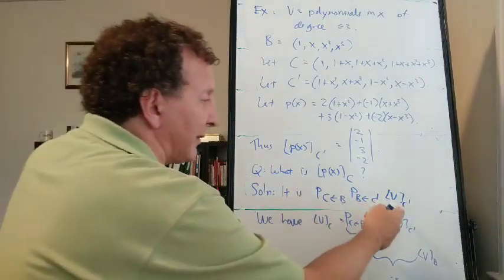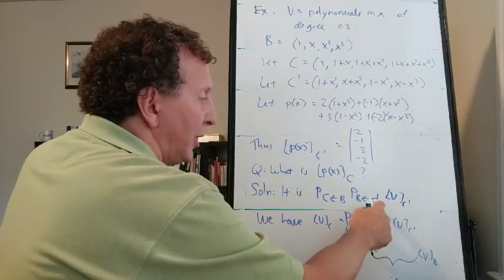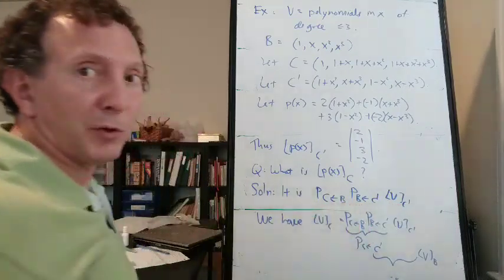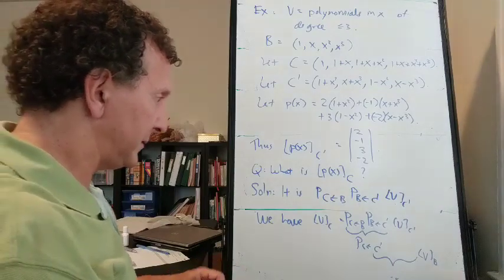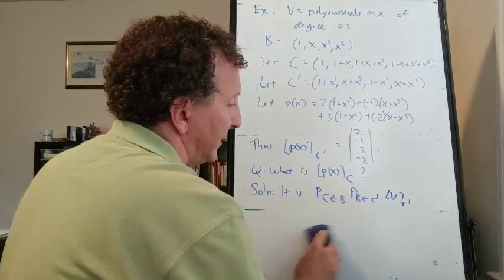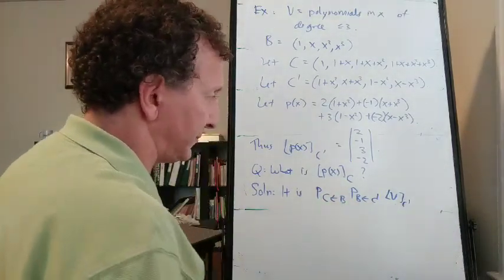Of course, we're thinking of this happening from right to left. We've got something with respect to C prime, we convert it to something with respect to B, and then we convert it again to something with respect to C. So the trick is to find these two matrices.